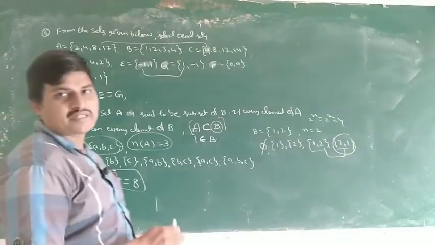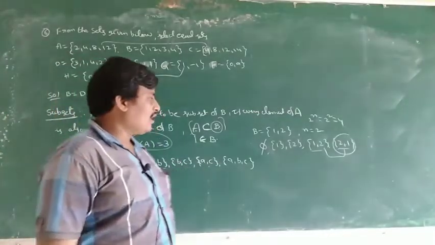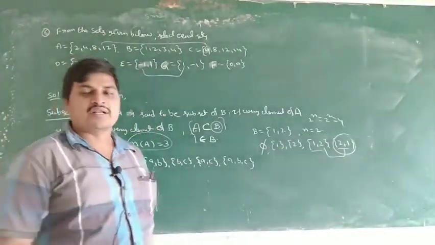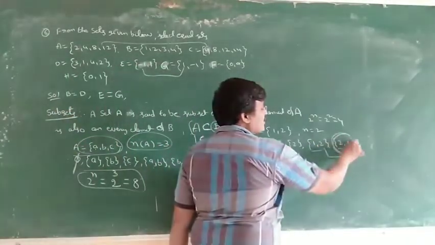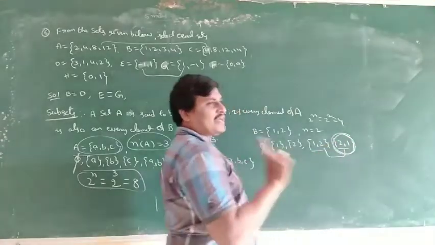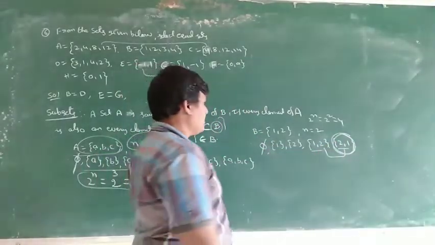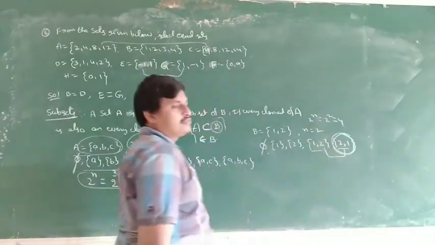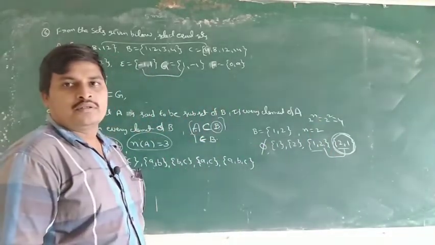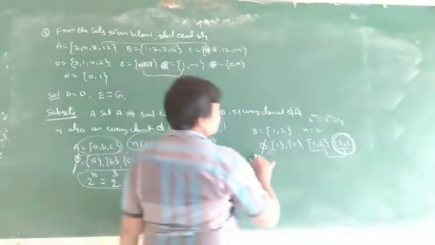Order is not important, elements are important. So consider one time. So phi, 1, 2, 1 comma 2. This is the subset.